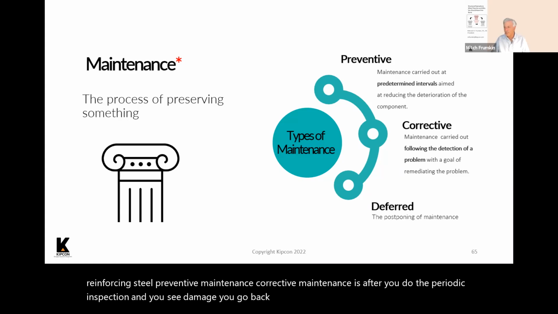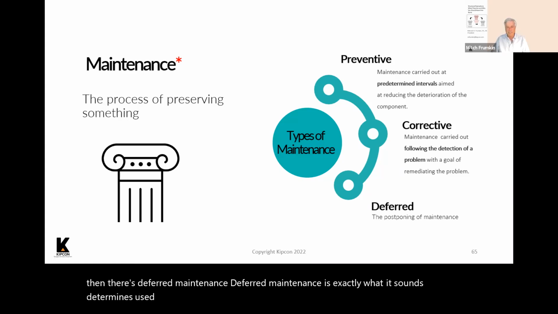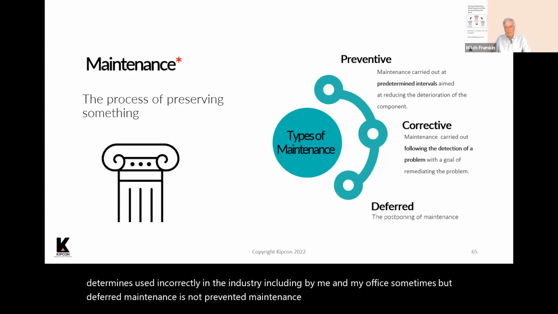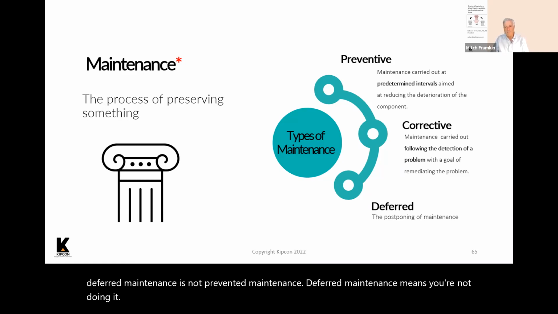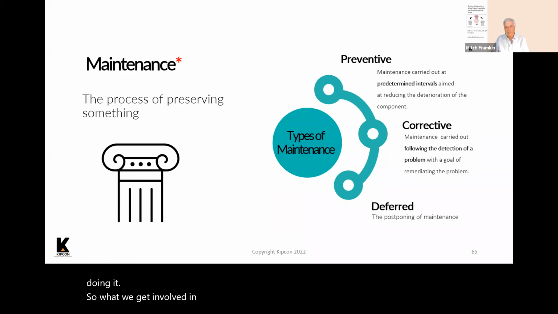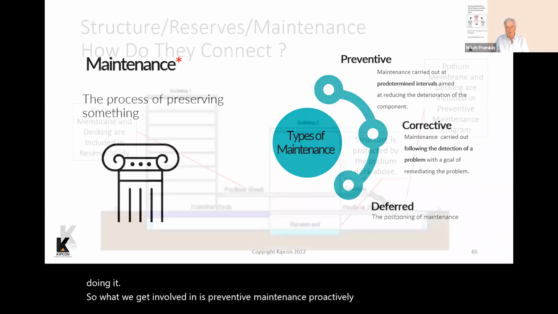That's corrective maintenance. And then there's deferred maintenance. Deferred maintenance is exactly what it sounds like. The term is used incorrectly in the industry, including by me in my office sometimes. But deferred maintenance is not preventive maintenance. Deferred maintenance means you're not doing it. So what we get involved in is preventive maintenance proactively, and corrective maintenance when you see a problem.